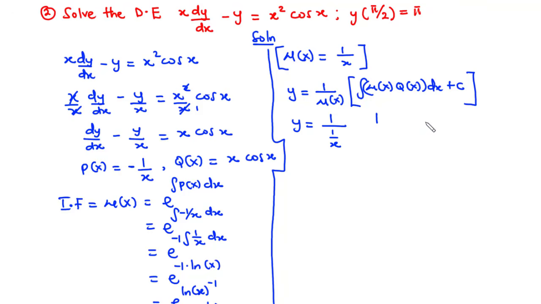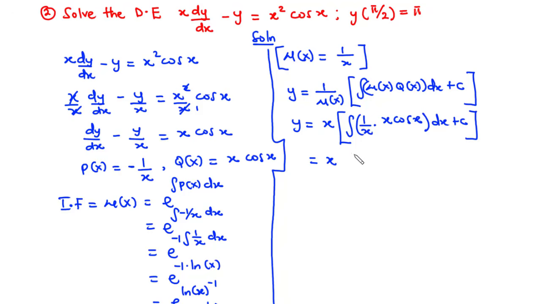So we are going to have y equals x times the integral of mu of x, which is 1 over x, times q of x, which is x cos x, all dx plus c.